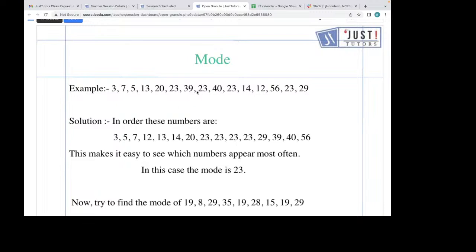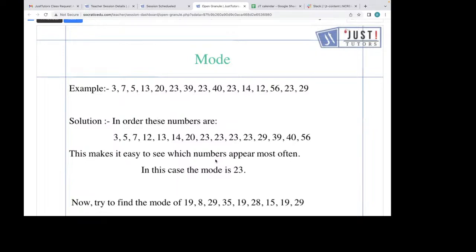First we have to arrange these in ascending or descending order. Here we got 3, 5, 7, 12, 13, 14, 20, 23, 23, 23, 23. So 23 has occurred 4 times, then 29, 39, 40, 56. This makes it easy to see which number appears most often. In this case the mode is 23.